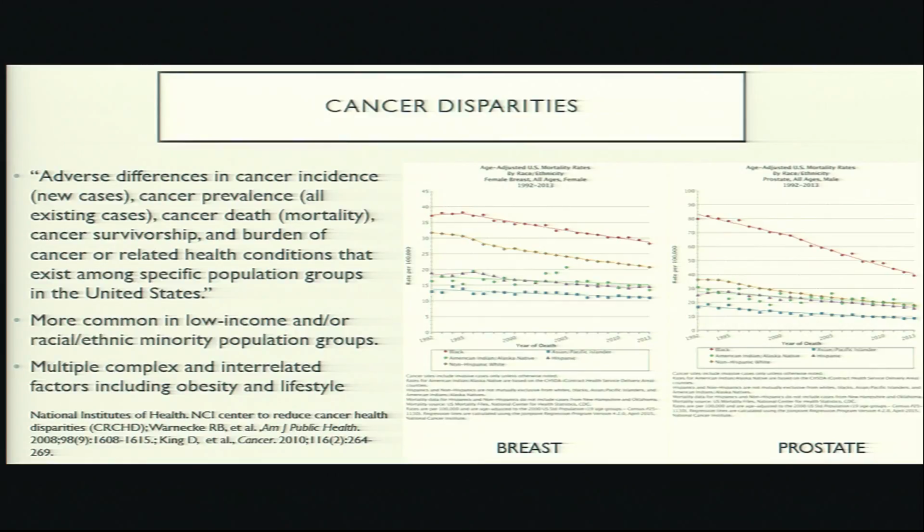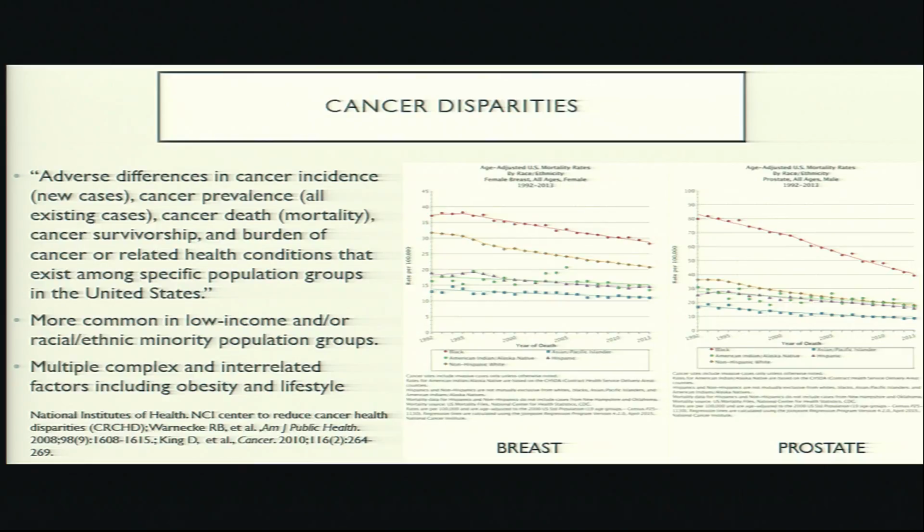The National Cancer Institute defines cancer disparities as adverse differences in cancer incidence, prevalence, death, survivorship, and burden of cancer or related health conditions that exist among specific population groups in the U.S. These are more common in low-income and racial ethnic minority populations, and it's owing to multiple complex and interrelated factors that really run from the individual through families, healthcare systems, and policy.